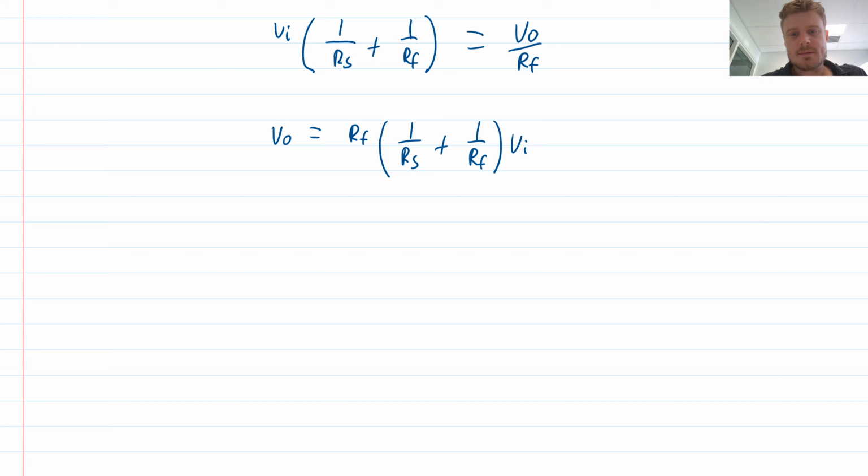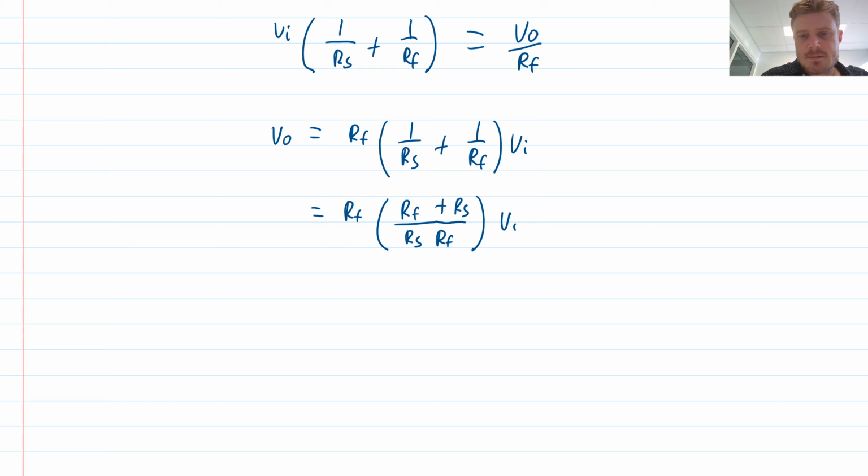And we can further clean this up. It's nice to put these fractions over a common denominator. So in order to do that, basically multiply each one top and bottom by the other. So what I will get, this would be Rf plus Rs divided by Rf.